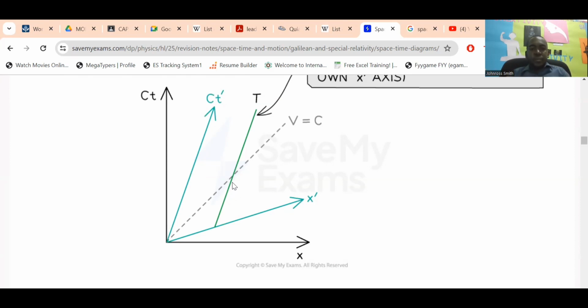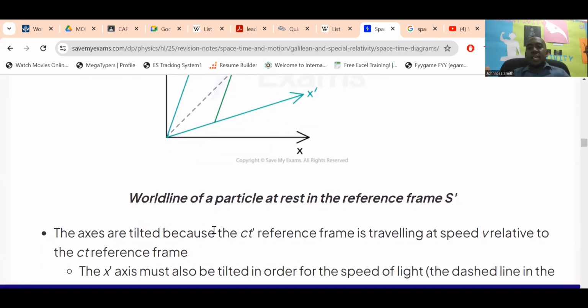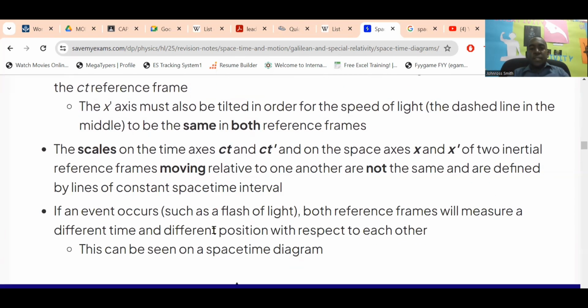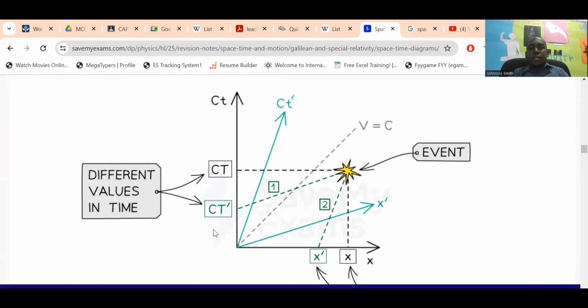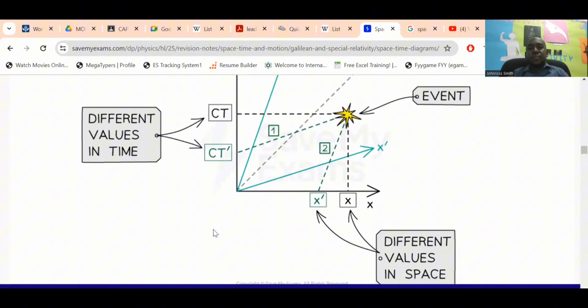So therefore, if we take into consideration how far it is on the x prime plane, and then we compare it with how far it will be on the x frame, then we see that there will be a difference between the starting and the ending point. And that tells us that there is some difference in length that we measure. And that gives evidence that there is length contraction. Right? And this is shown in this position here.